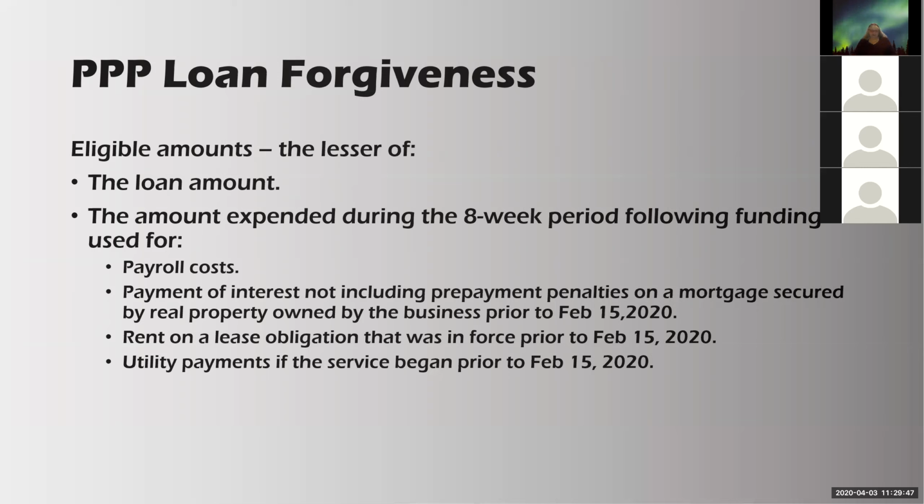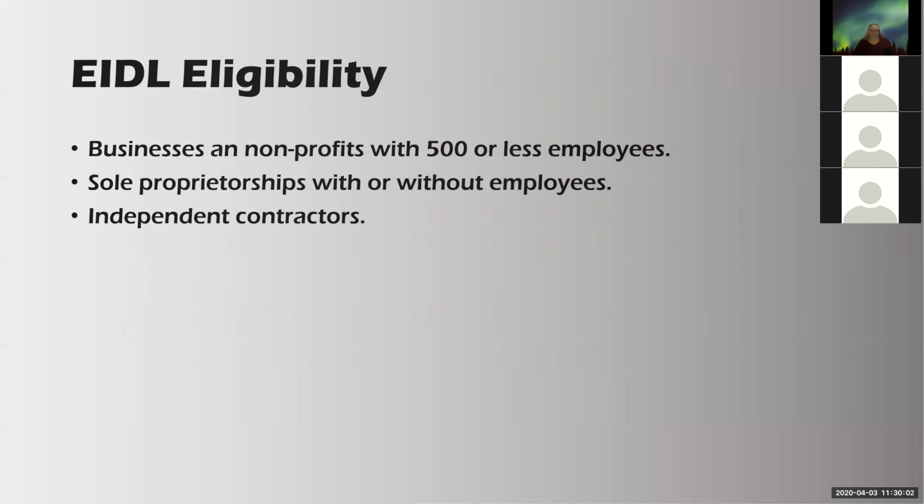So all of these are based on whether or not you actually, they're trying to prevent people from using these loans to purchase new product or new properties. At least the forgiveness part. You can still have the loan, you just won't have the forgiveness part on those particular things.